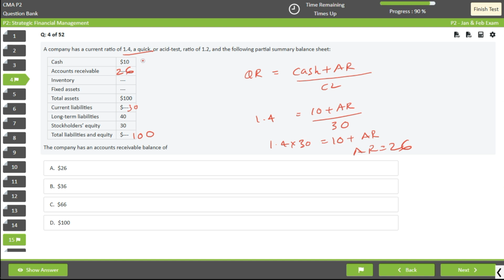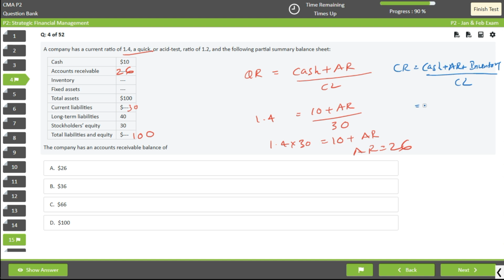Now let us find out the value of inventory. So the value of inventory can be found out by the current ratio. So current ratio is equal to cash plus AR plus inventory by current liabilities.